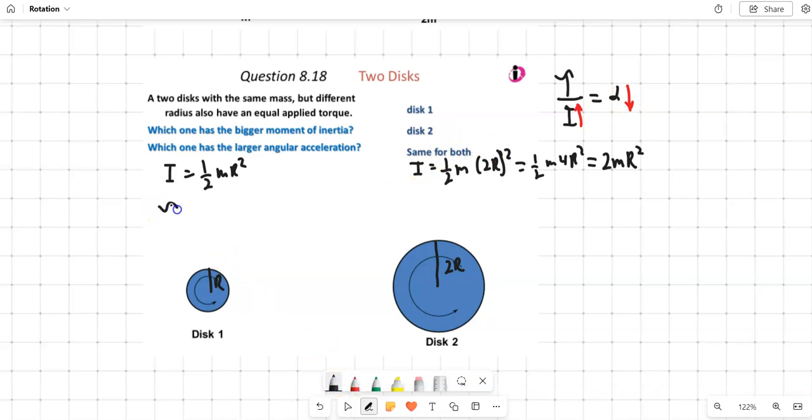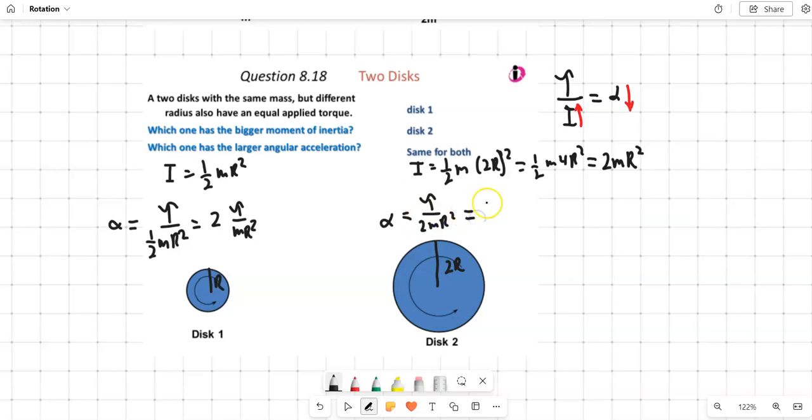Well, let's work it out. Torque divided by moment of inertia over here is going to be 1/2 mr squared. And so this is the alpha for this guy. So that's again going to work out to be 2 times tau over mr squared. So this alpha is going to be 2 tau over mr squared. This alpha is going to be tau over 2mr squared.